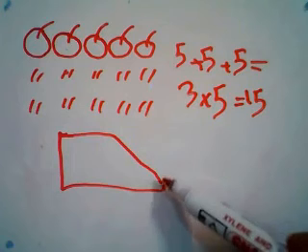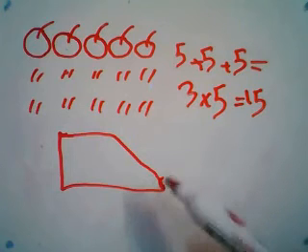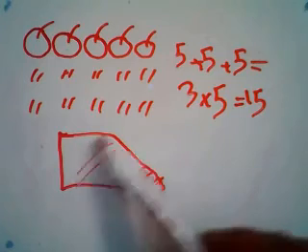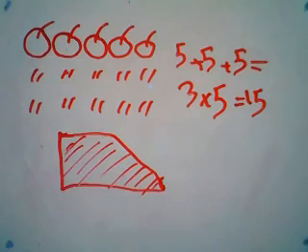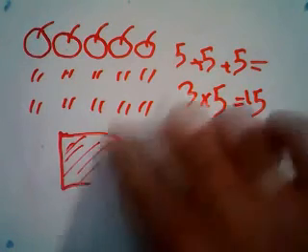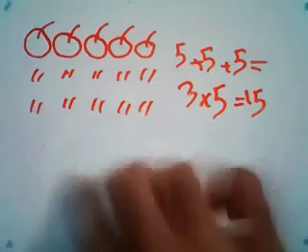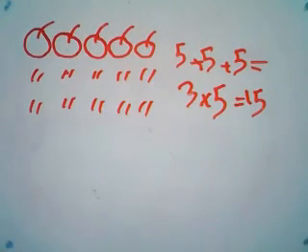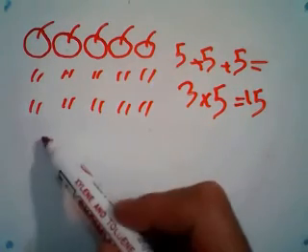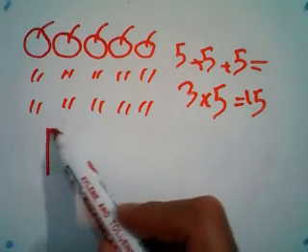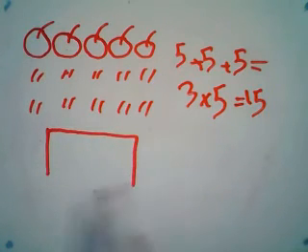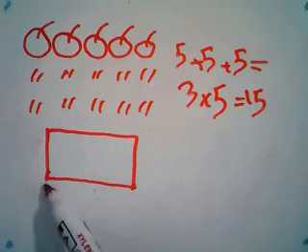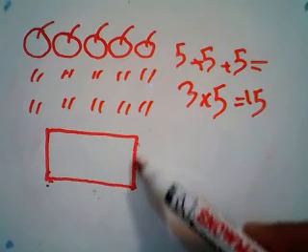Okay, the area of a shape is how much room we got inside that shape, for instance this, and a bigger shape, say the area of a bigger shape is bigger, and the area of a rectangle is the length of this times the length of this.